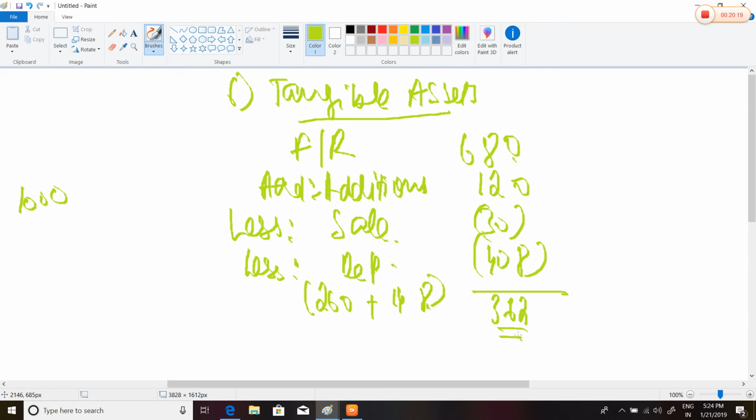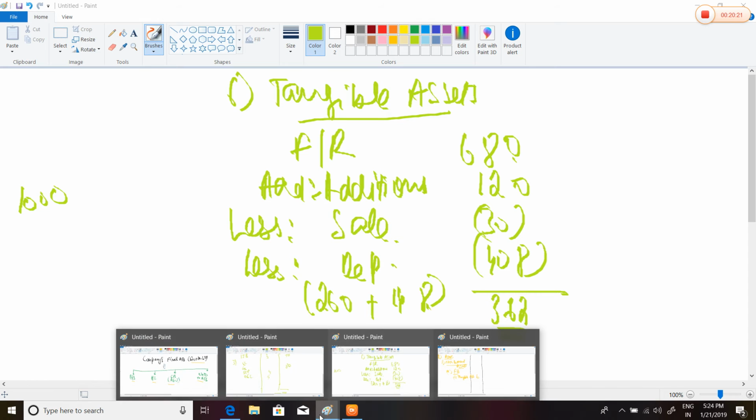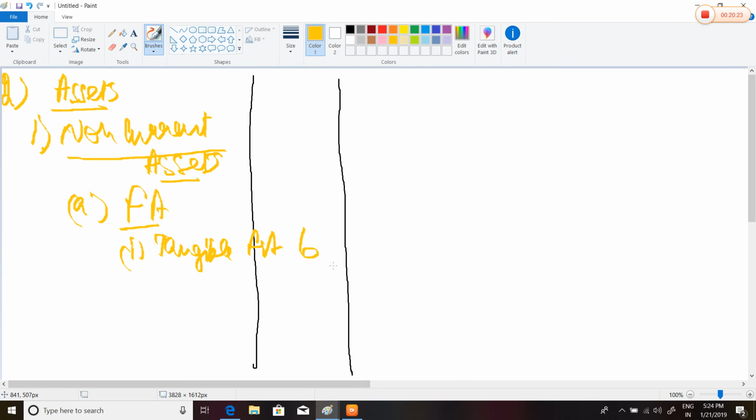I hope you got it. Then next, fixed asset, working note number 6, 362 amount. Then we are given with non-current investment. The amount for the same is 200.